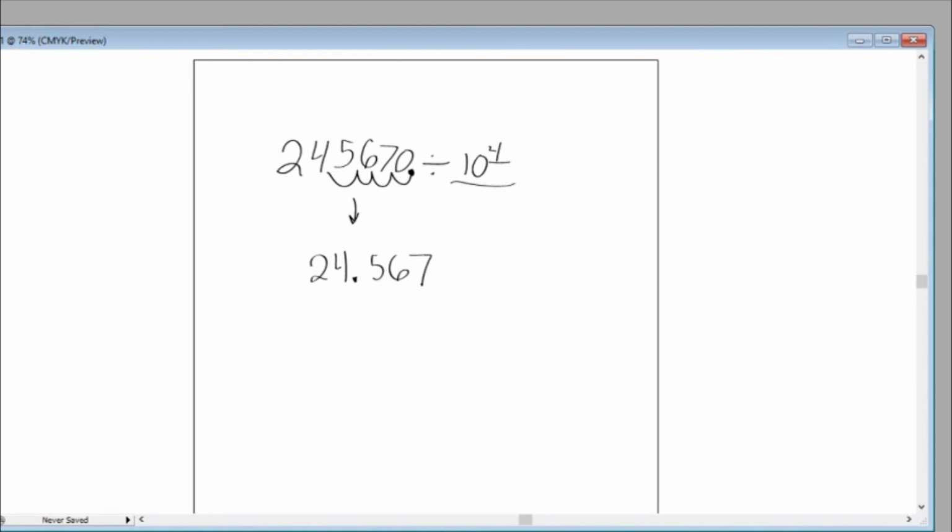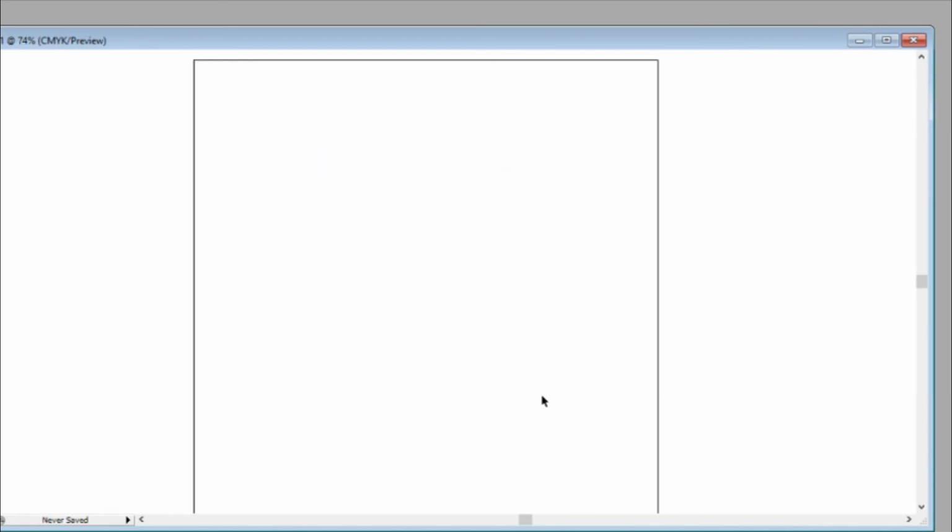Same thing if I'm multiplying by a power of 10. So let's say that I have 327 multiplied by 10 to the third. Okay.